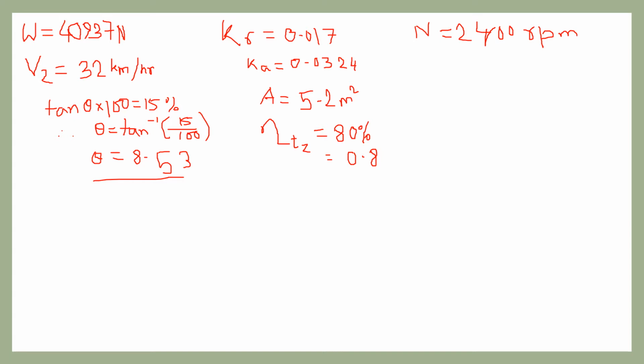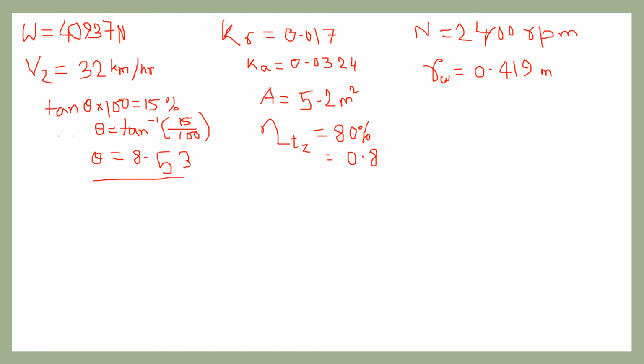The effective radius of the wheel is 0.419 meter, that means the radius of the wheel equals 0.419 meter.